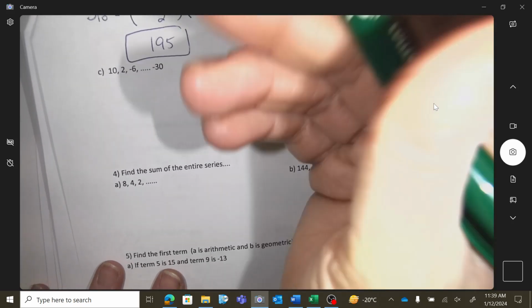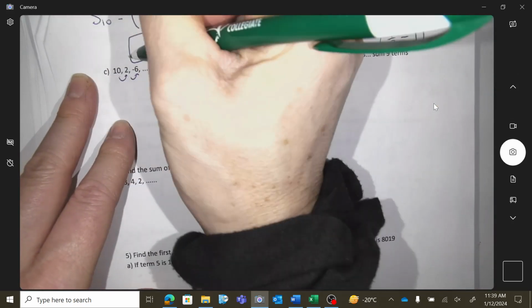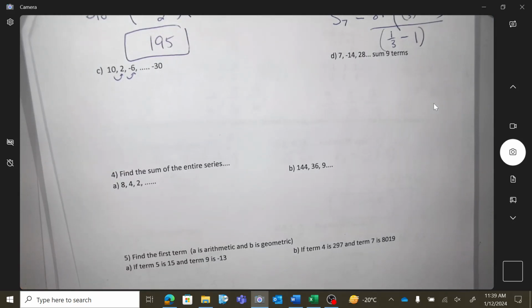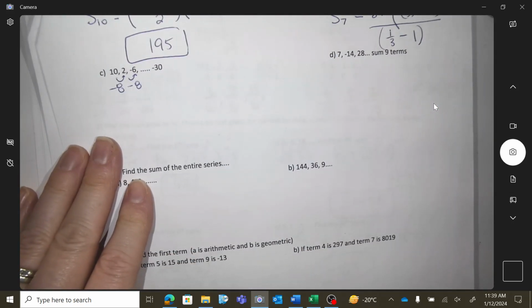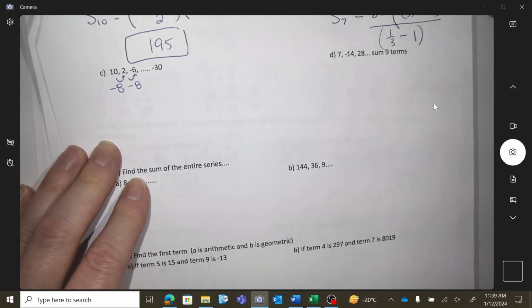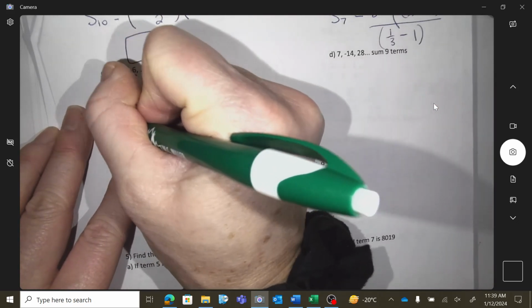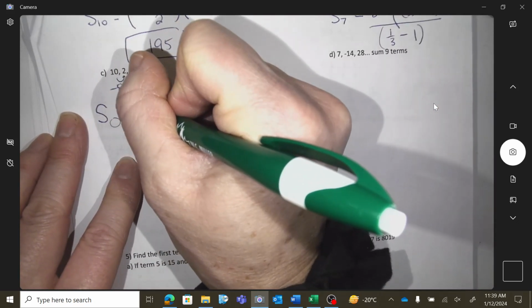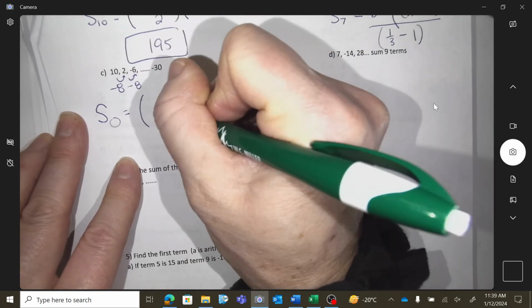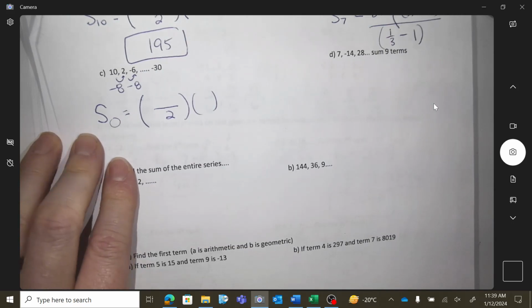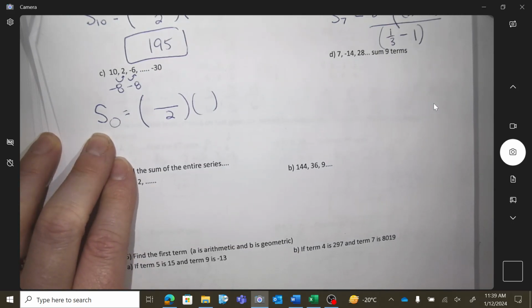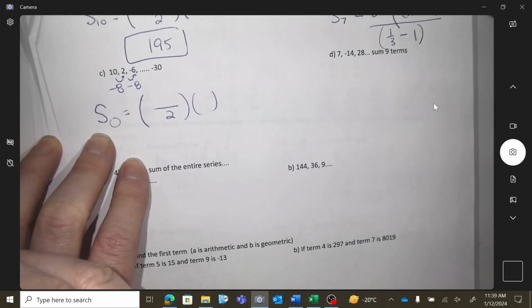Okay, question C. Always, what's the pattern? What's happening? Something consistent every time, which is going down by 8. So this means it's arithmetic. Okay, so this time, would you agree that I don't know how many terms I'm going to go up to?